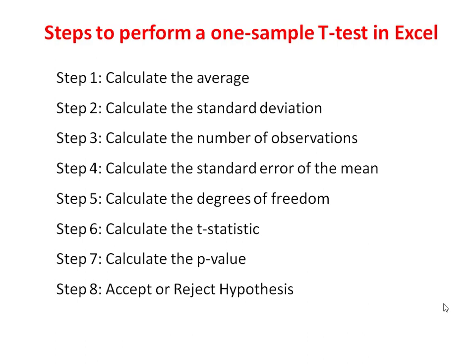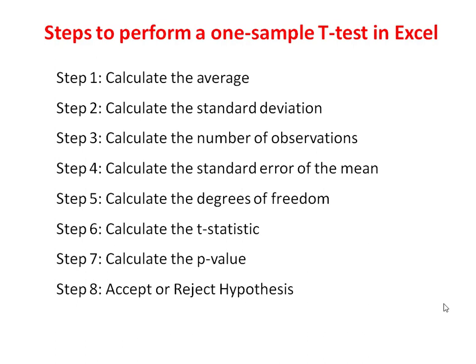Fifth one, calculate the degrees of freedom, that means n minus 1. Sixth, calculate the t statistic. Seventh step, calculate the p value, then accept or reject the hypothesis. These are the steps to perform while calculating the t-test in Excel.